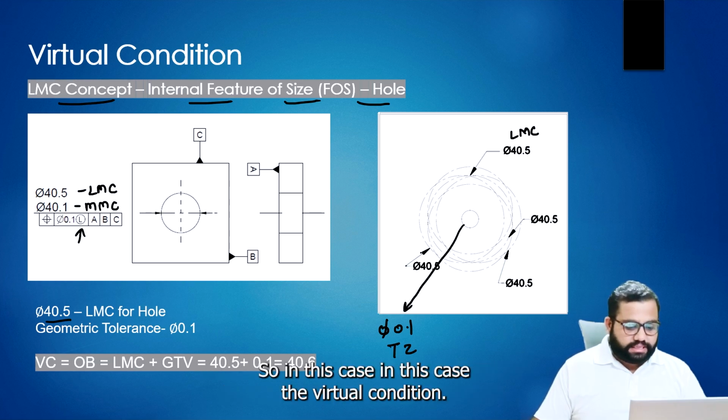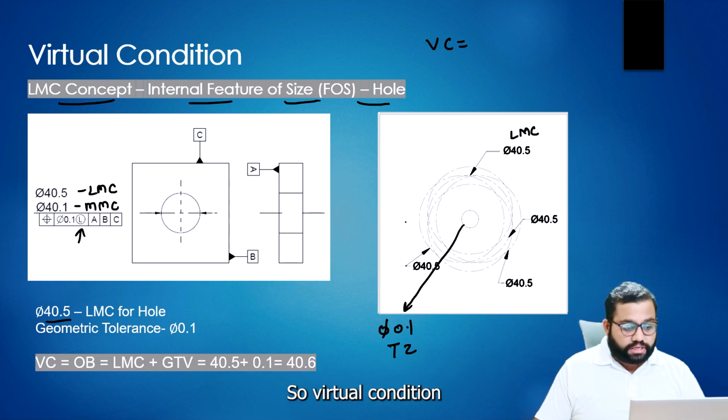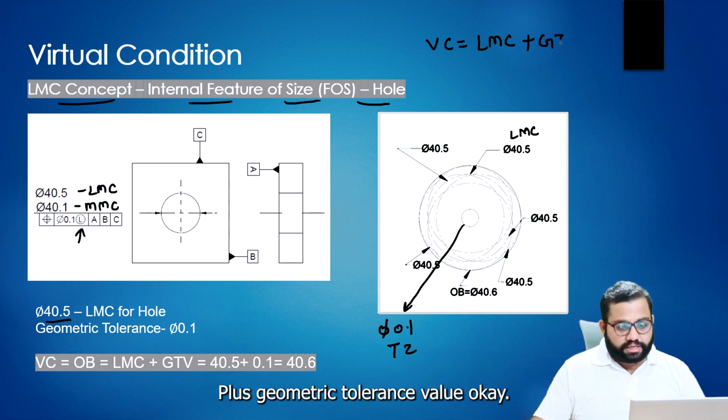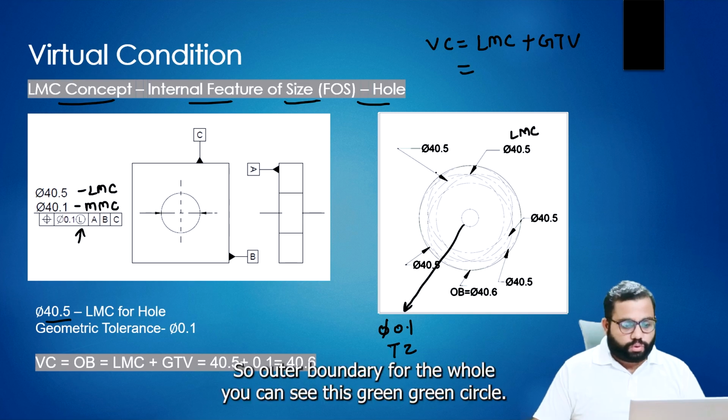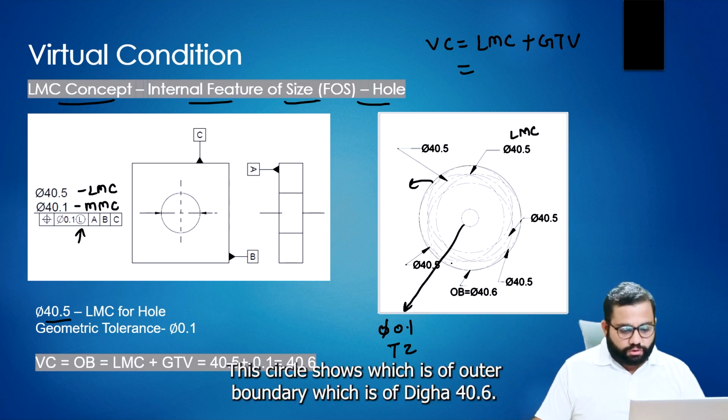In this case, the virtual condition will be the outer boundary, which is the least material condition plus geometric tolerance value. For the hole, you can see this green circle. This circle shows the outer boundary, which is of dia 40.6.